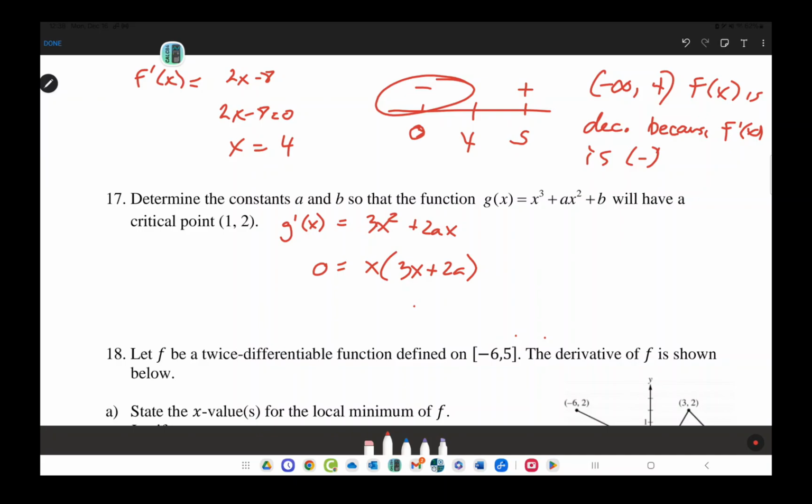And we know that the critical point is at 1, which means if I plug in 1, I should get 0. So 0 is equal to 1 times 3 plus 2a. So 0 is equal to 3 plus 2a. Subtract 3, a is equal to negative 3 over 2.